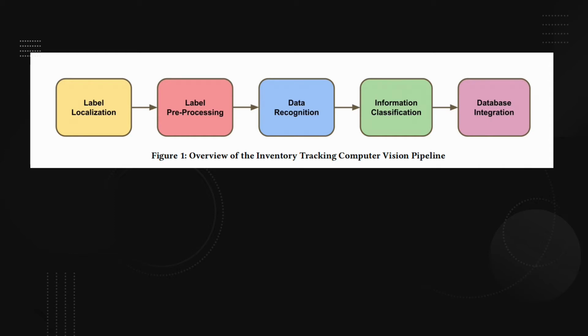We can see the step-by-step procedure in the coming slides, with pictures. We can easily see how the localization is done, the labeling, how it processes the data on the product, how they take the information, and how it is generated into the database.